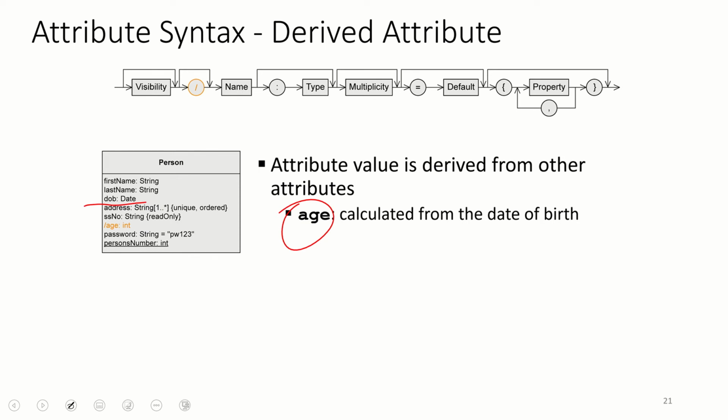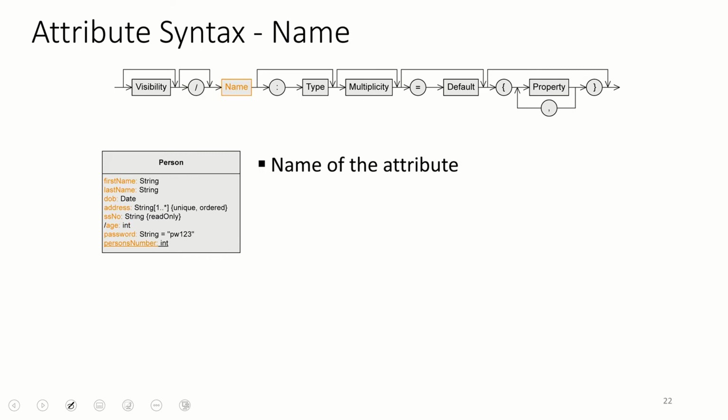So you don't have to specifically create attributes for the user to input, to set and get. We use the slash to help the developer identify which one is a derived attribute.